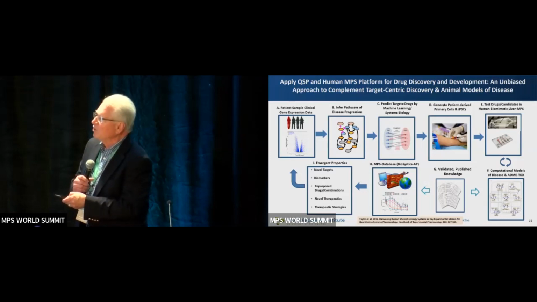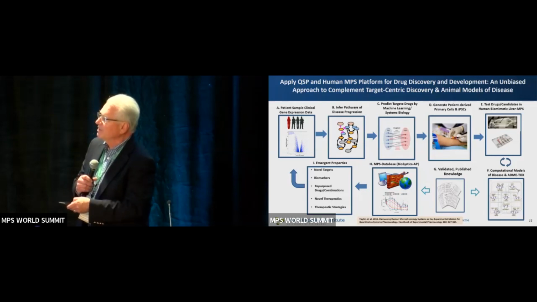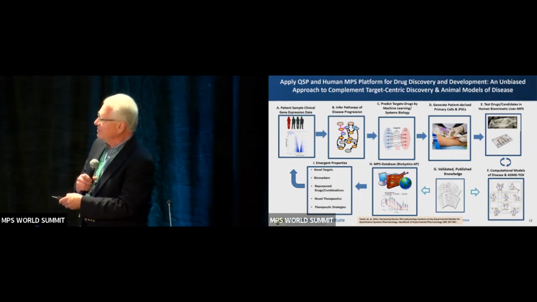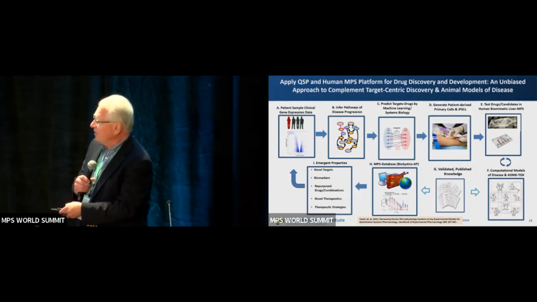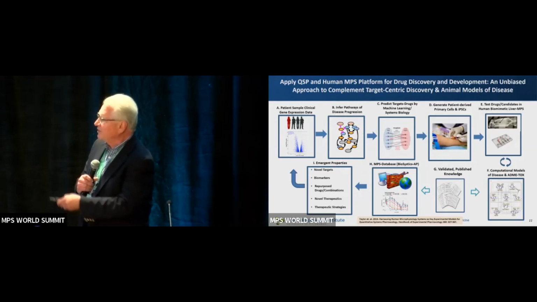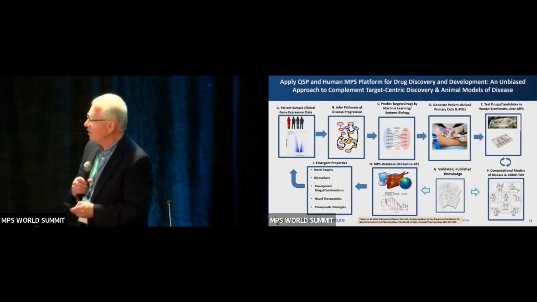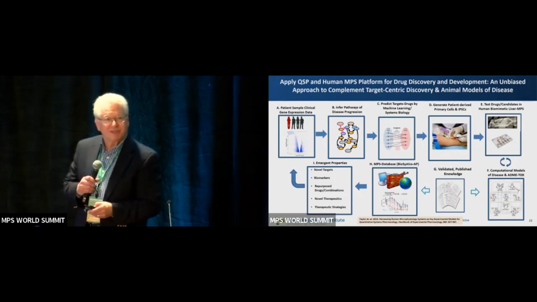That data can then also be used to predict drugs and targets by machine learning and systems biology approaches. And then you can generate patient-derived primary cells and iPSCs and test the predicted drugs and candidates in human biomimetic liver MPS. And again, you can start building a computational model. In this iterative process, you can improve things before you even start doing specific drug testing.